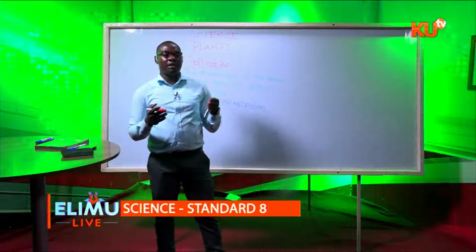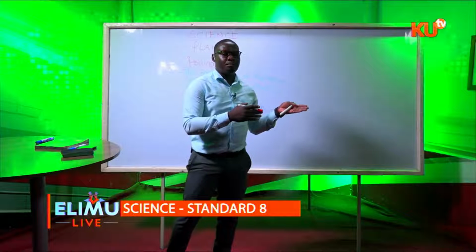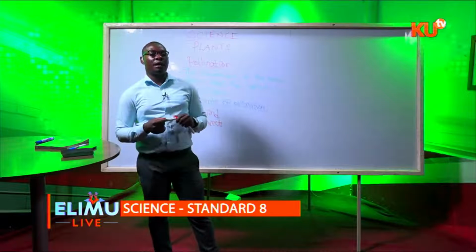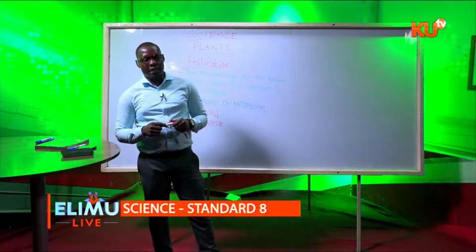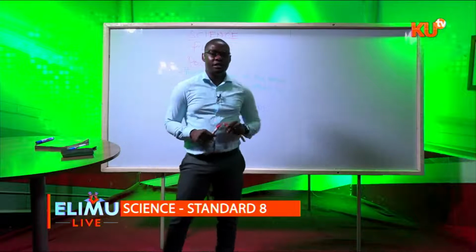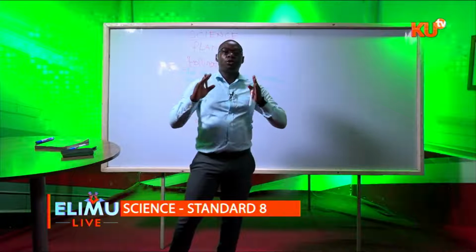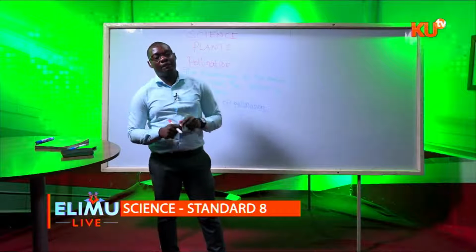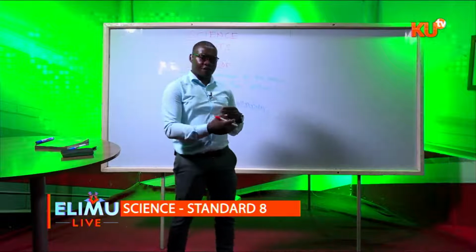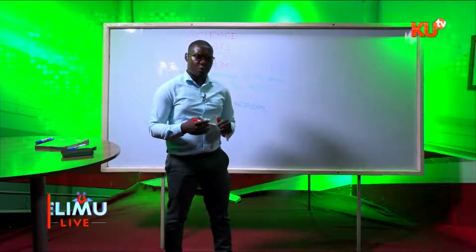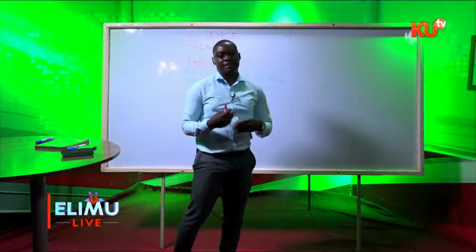We are going to see what the difference is. Why should this flower be pollinated by insects, and why should this other flower be pollinated by wind? So we are going to look at insect-pollinated flowers, and we're also going to look at wind-pollinated flowers. Insect-pollinated flowers will be different from the wind-pollinated flowers, and the difference will come based on their characteristics.